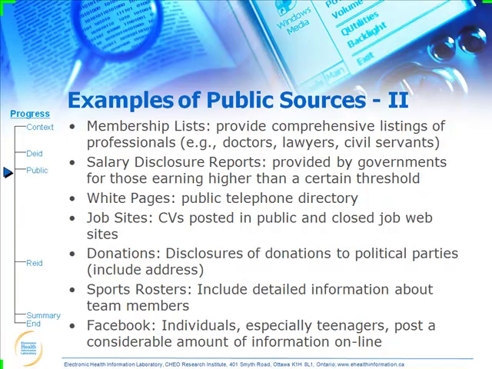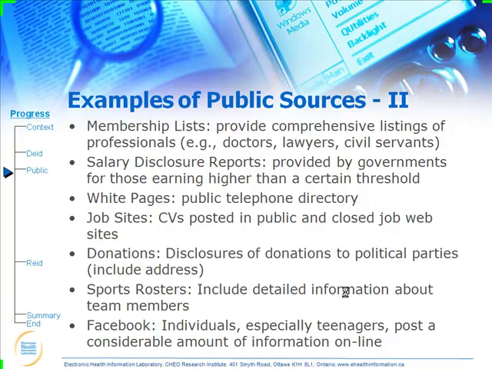Other public sources that are also very useful are membership lists, which provide comprehensive listings of professionals, for example, doctors, lawyers, civil servants. Salary disclosure reports, which provide, again, lists of civil servants. You have white pages, you have job sites where people post their CVs. A few years ago, we did an analysis of publicly available CVs, and a lot of people include dates of birth and address information in their publicly posted CVs.